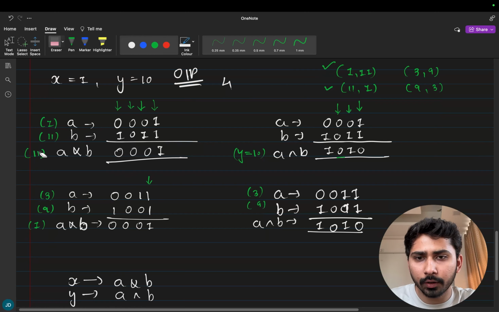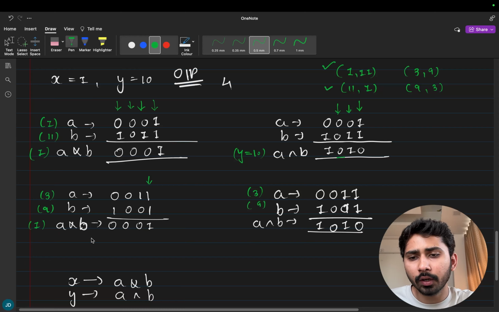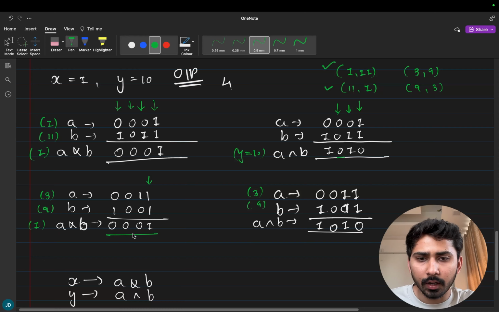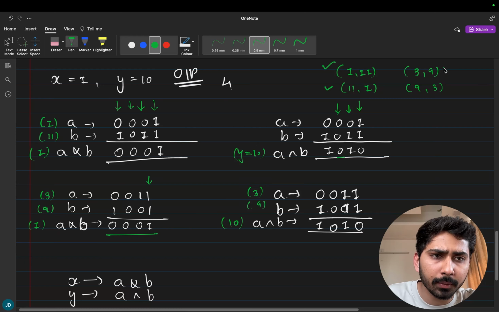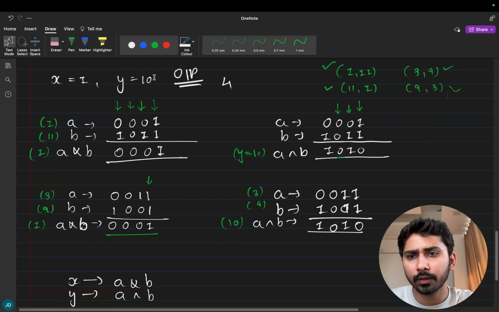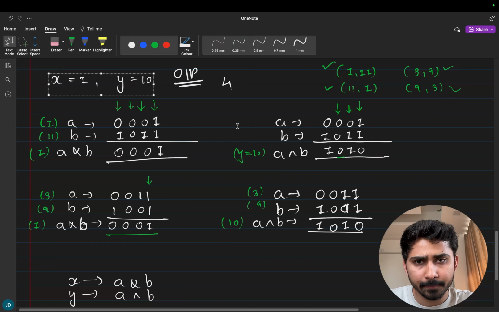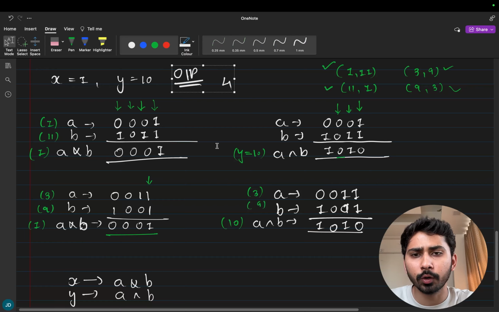Okay, so here it was a 1. My bad, it was not 11. So A and B will be giving you a 1. And if you do the XOR operation of both these elements, it will be giving you a 10. So this 9, 3 or 3, 9 is a valid pair. So in total, you are getting 4 pairs that suffice X and Y. So the output in this case was 4.